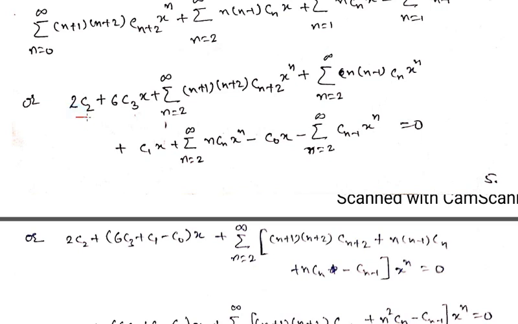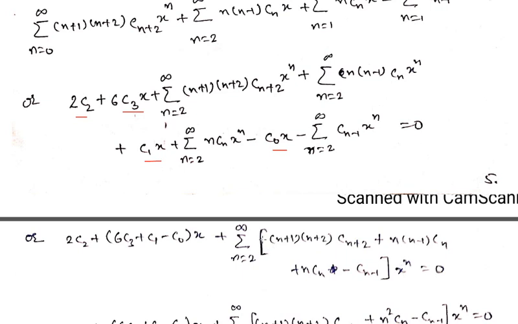Taking these four terms together, it becomes 2c2 plus 6c3x plus c1x minus c0x. This is a constant term, this is a term with x to the power 1, and the rest are terms with x to the power 2 type.